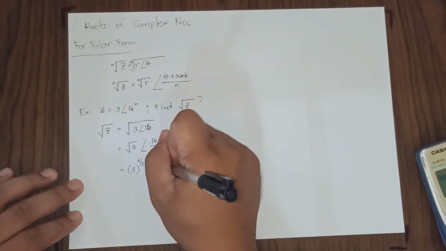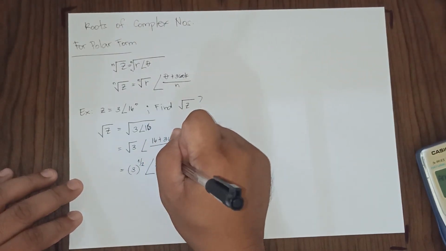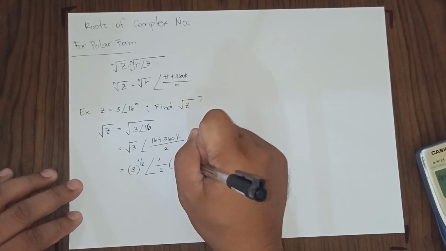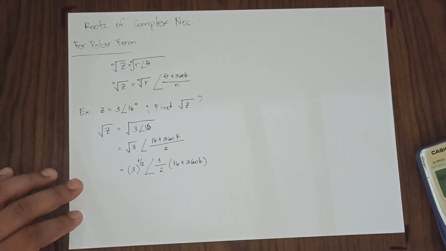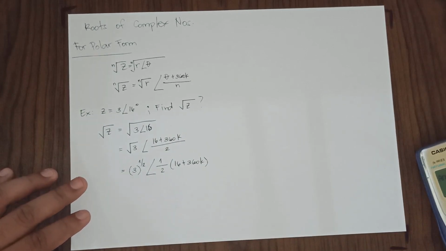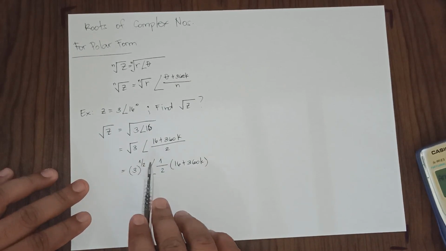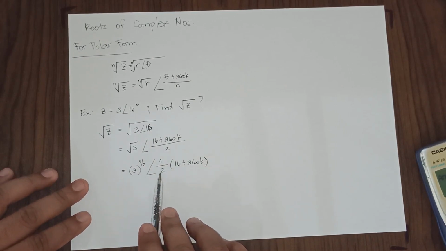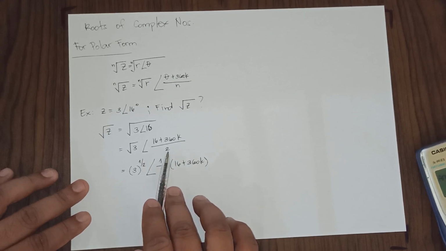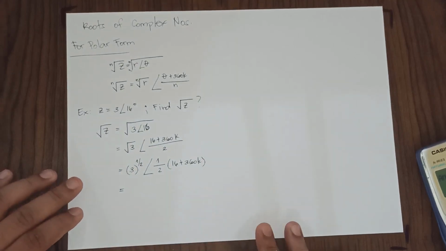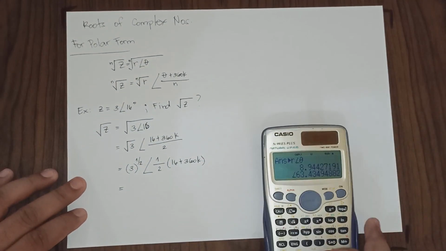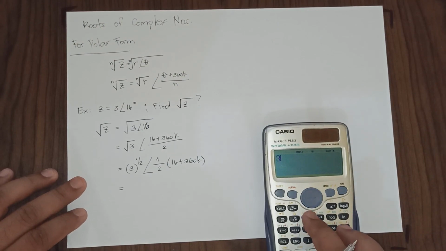Gaya nga ng na-discuss natin doon sa powers of complex numbers, ito yung n, 1/2, so syempre, itataas lang natin yan. That's why, andun yung 2. Sana naintindihan nyo yun.